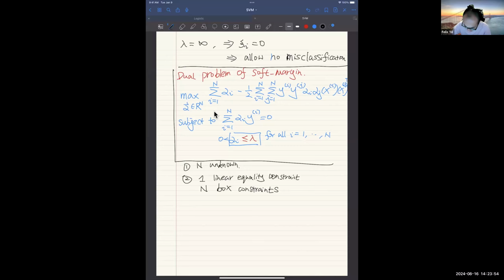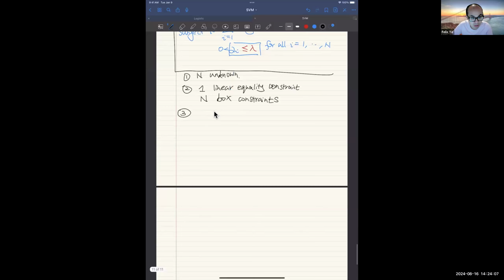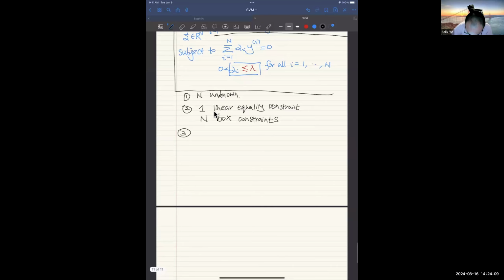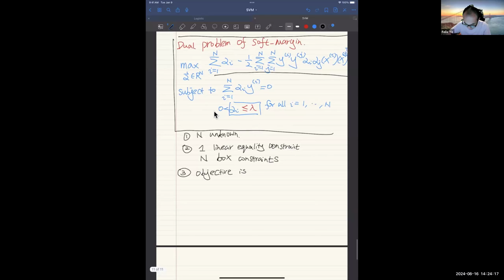And also, this whole thing right here can be written in matrix form. The objective can be written as follows.